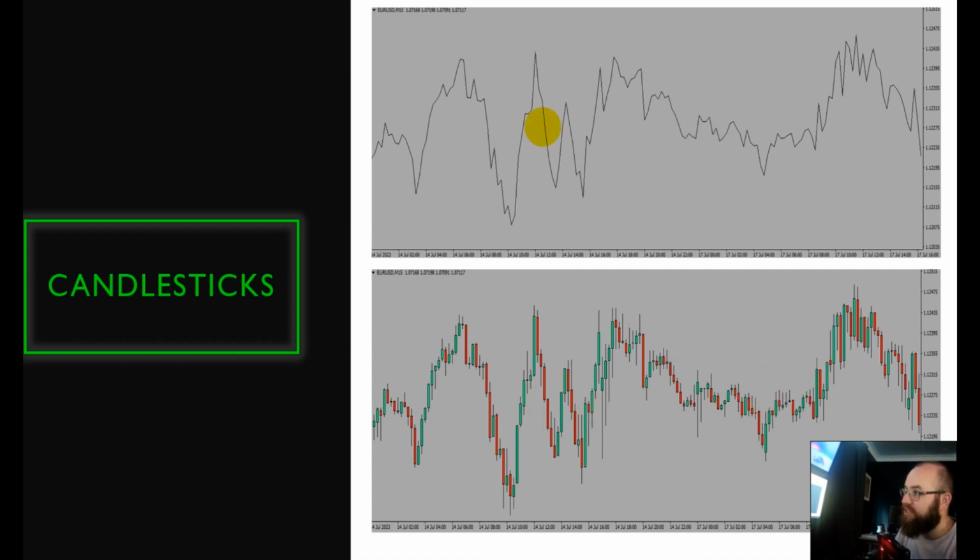This is actually the same price data. If you look at the moves here on this line chart, it's the same as on here. It's the same time frame, it's the same currency pair. This is just a candlestick chart. It just displays the price data a bit differently to the line chart.